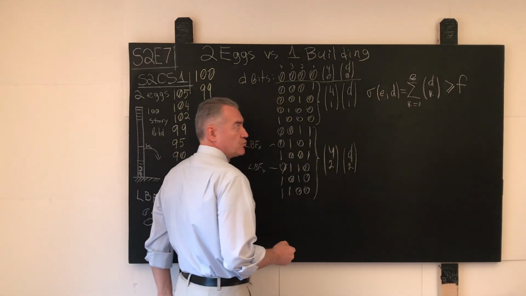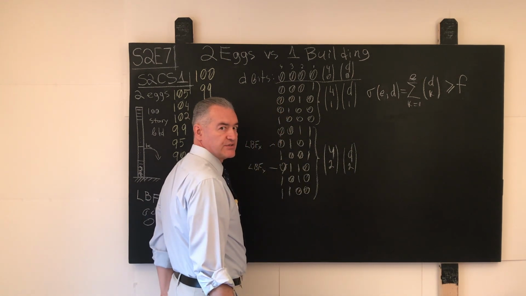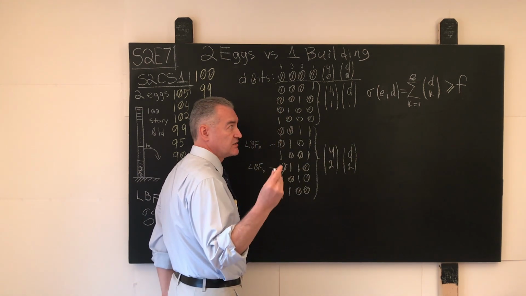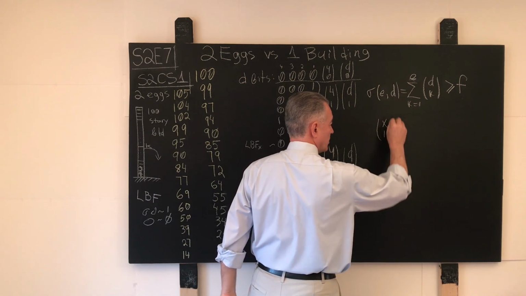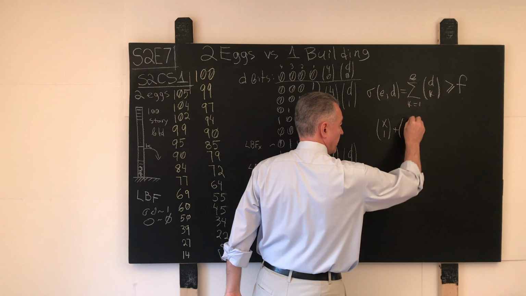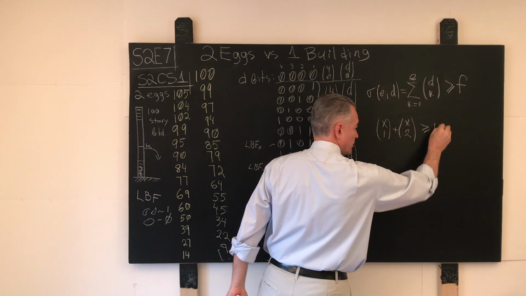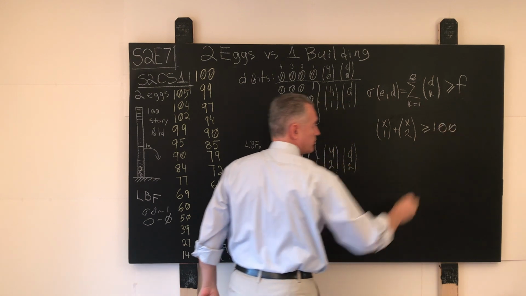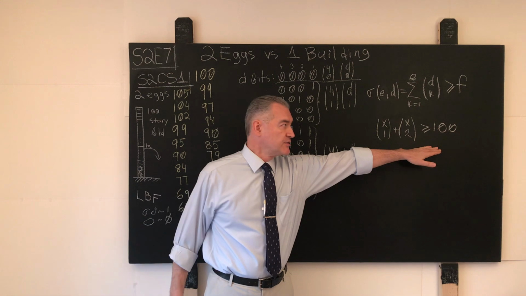If we have two eggs, so E equals 2 in this case, then what will the sum look like? The sum will contain precisely two summands. It will be X choose 1 plus X choose 2, and that sum must be greater than or equal to 100, because this is precisely the height of the building that we're given in this problem.